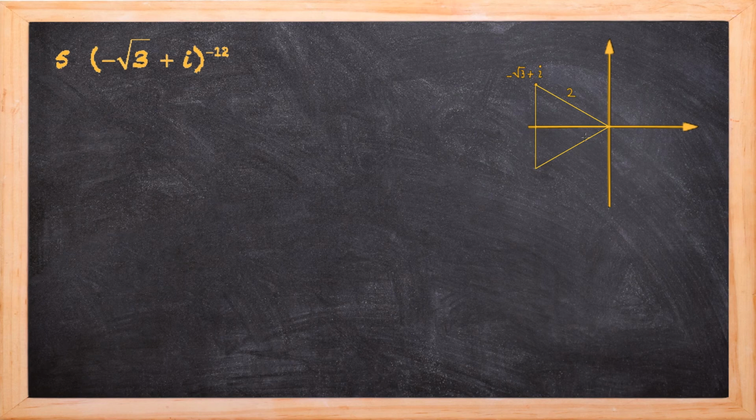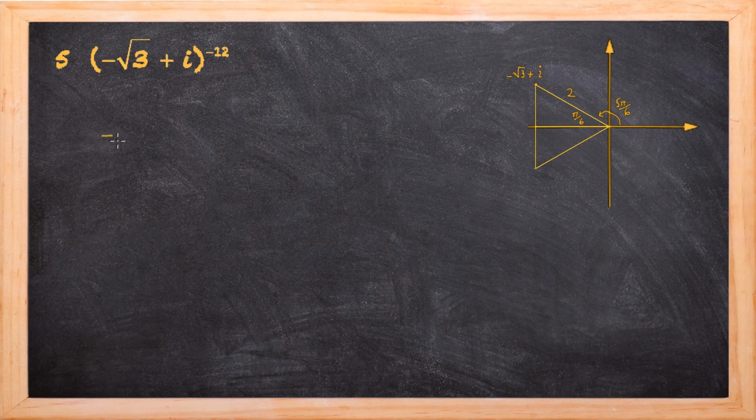And modulus is 2. That angle in there is pi upon 6. So the actual argument of that complex number is 5 pi upon 6, second quadrant angle. So we know the routing now.